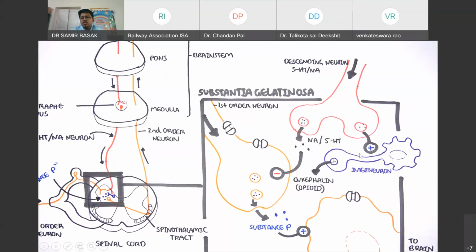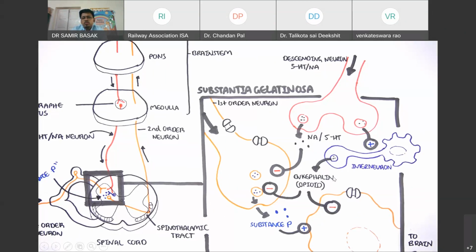What does this interneuron do? It releases enkephalin, the endogenous opioid, and the opioid does the rest of the job. Opioid inhibits both the first order and second order neuron. So the pain signal is inhibited.